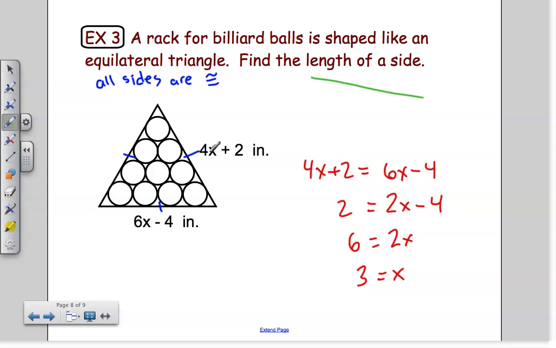Now that x is 3, I plug that back in. 4 times 3 is 12. And 12 plus 2, this should be 14 inches. And let's check here if I plug in 3 again for x. 6 times 3 is 18. 18 minus 4 is 14 inches. Length of a side. Okay, so talking about polygons, naming, and some special terms and definitions today.